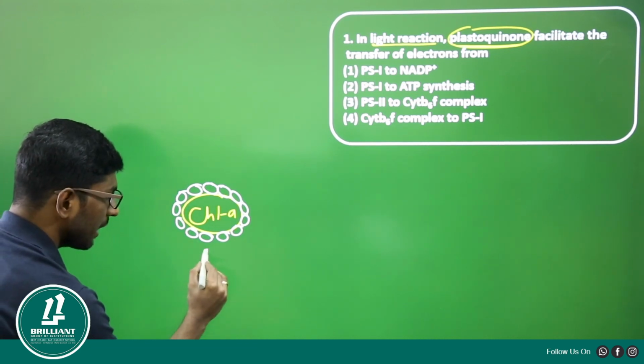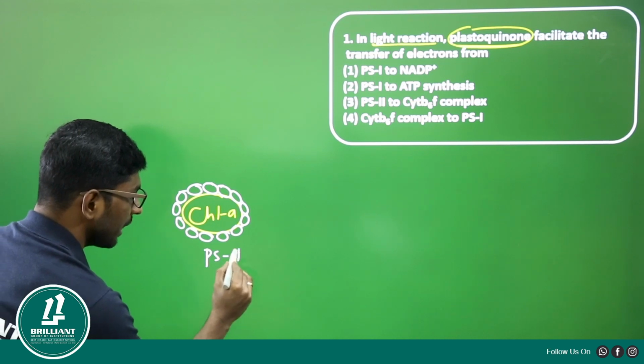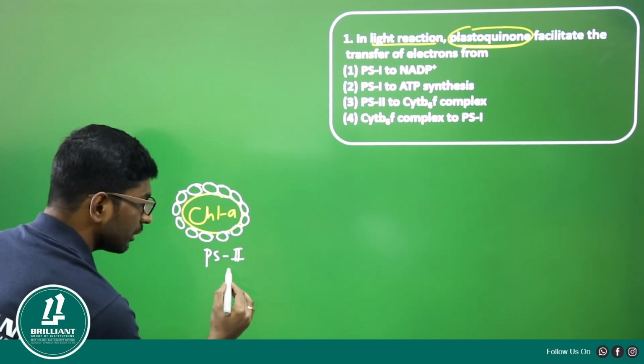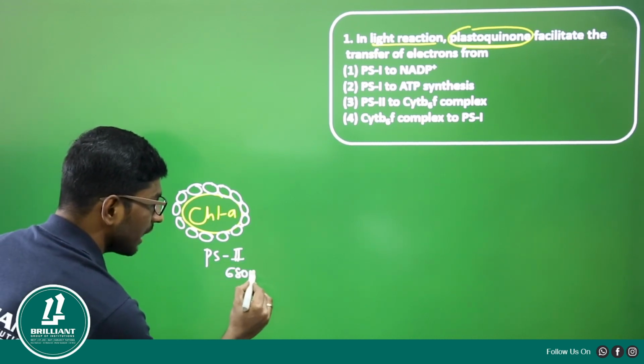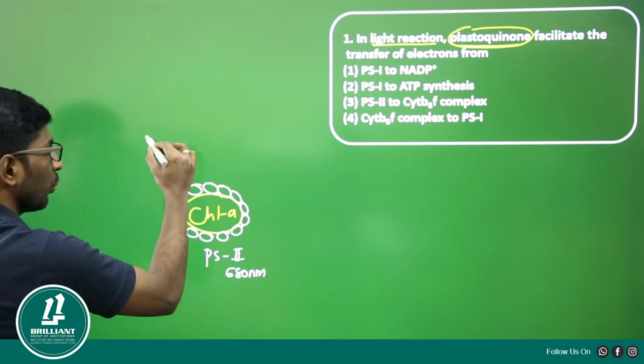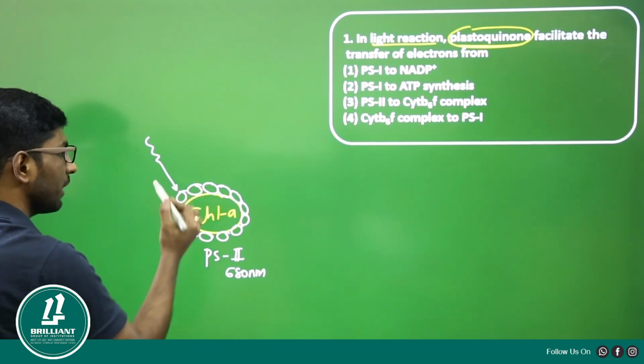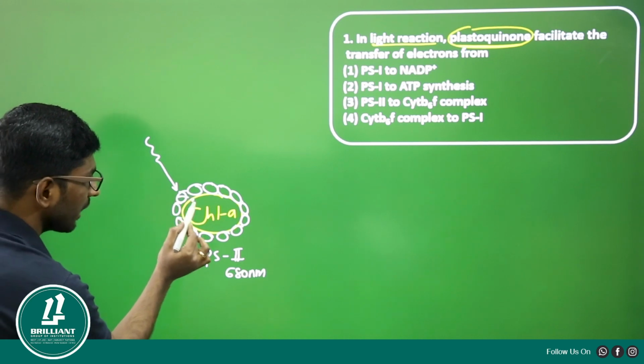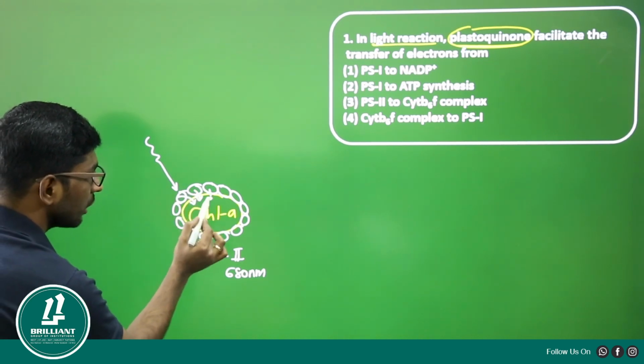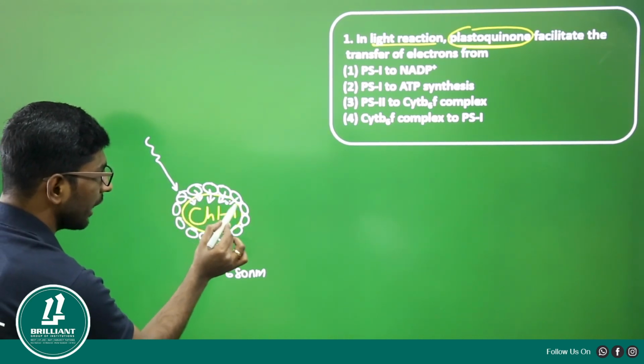So it starts with PS2 and it absorbs the wavelength of what? 680 nm. Yes or no, students? So when light falls on these accessory pigments, the light is finally given to where?